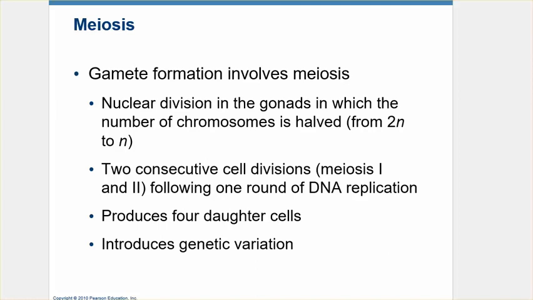We end up with 4 daughter nuclei. Now, they're not all used. In men, all 4 become sperm cells. In women, only 1 becomes the ovum. The other 3 are just lost. They're not used.